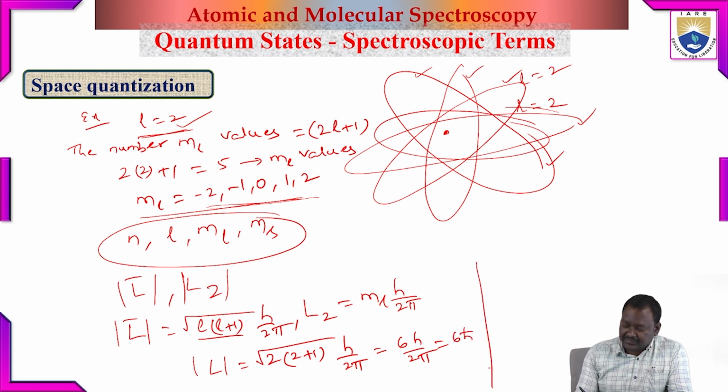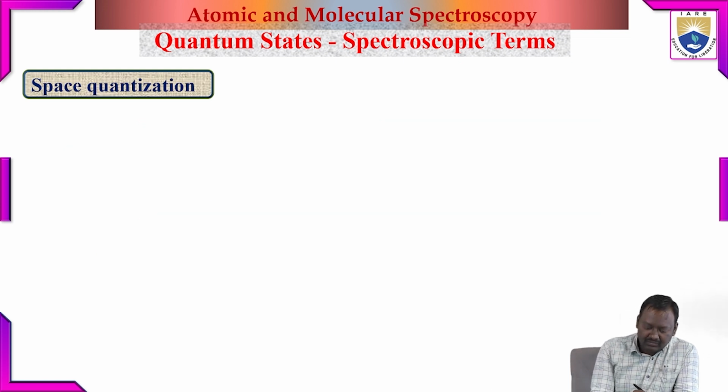And if you see the Lz value, the component of orbital angular momentum in the direction of the field is given by the ml value. So Lz equals ml h cross. Let us see. L value is root 6 h cross, or root 6 h by 2 pi.